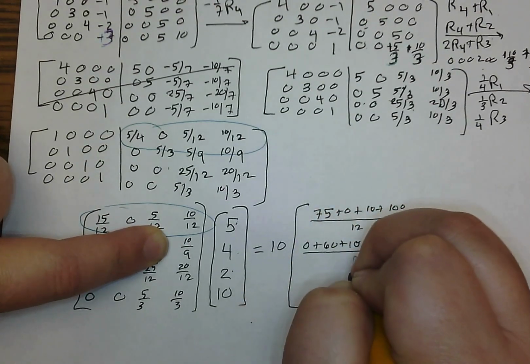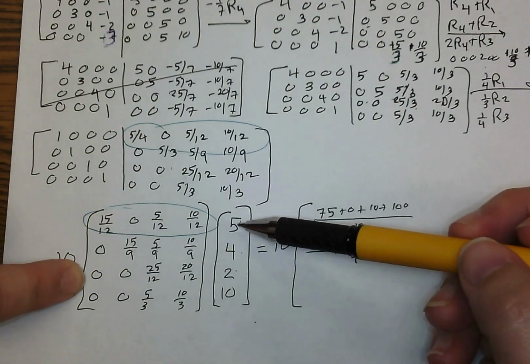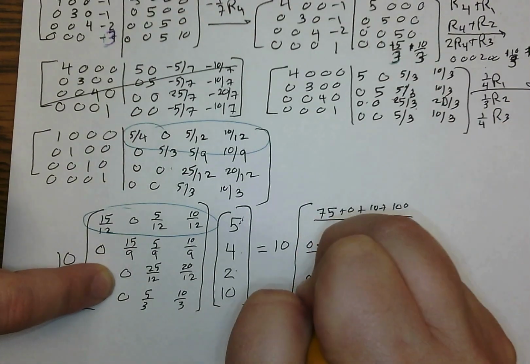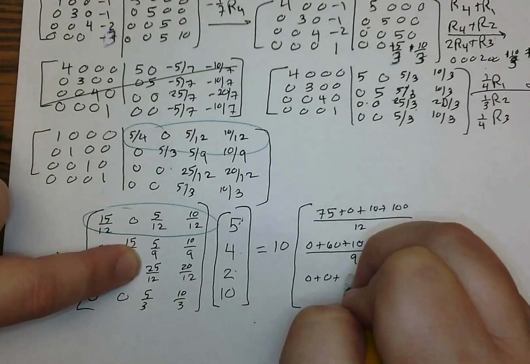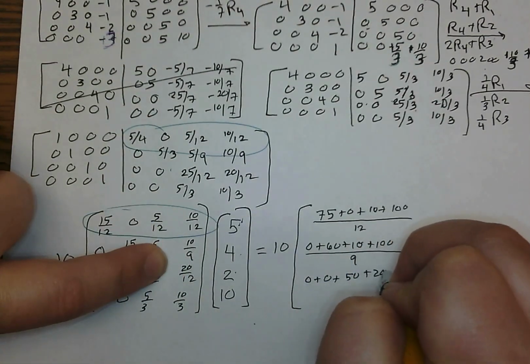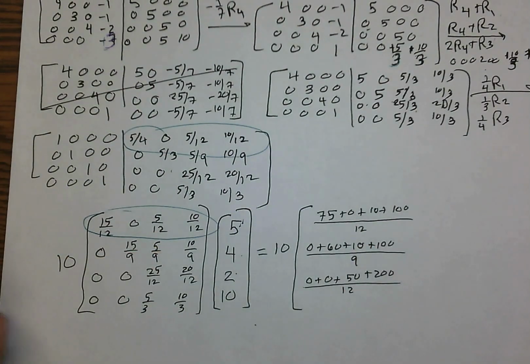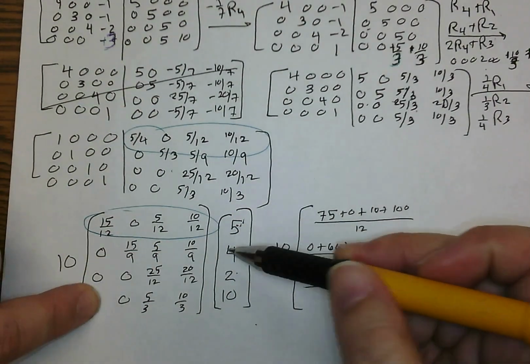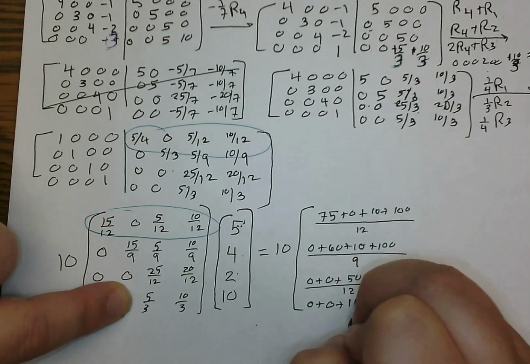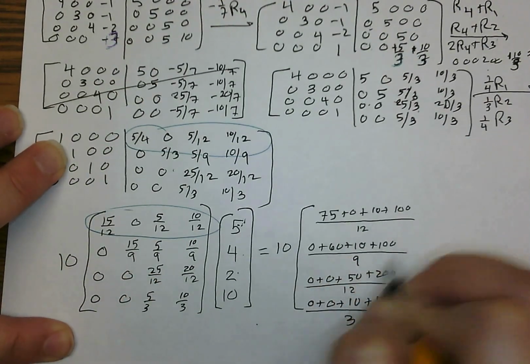All over 9. The next row, 0 times 5, 0, 0 times 4, 0. 25 times 2 is 50. 20 times 10, 200. All over 12. Last row, 0 times 5 is 0, 0 times 4 is 0. 5 times 2 is 10, and 10 times 10 is 100. All divided by 3.